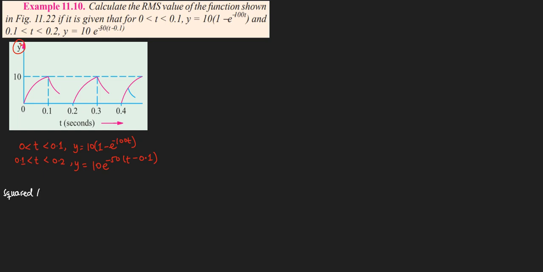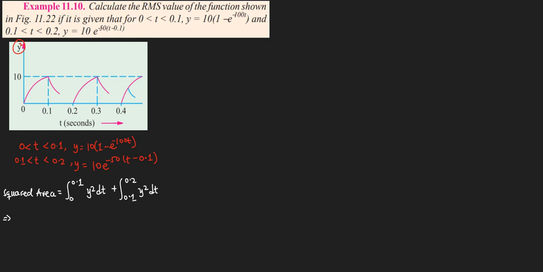For the squared area, that's going to be the integral from 0 to 0.1 of y squared with respect to t, plus the integral from 0.1 to 0.2 of y squared with respect to t.